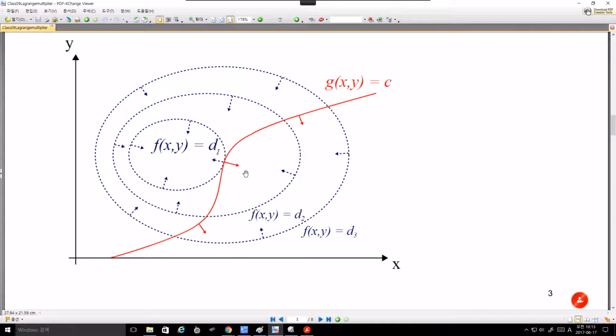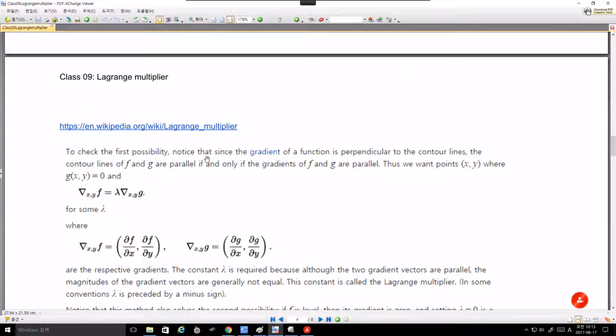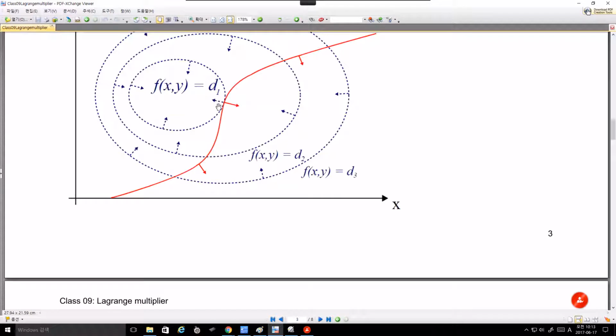So to check the first possibility, note that since the gradient of a function is perpendicular to the contour line, the gradients of f and g should be parallel. Since the curves are tangent, their gradients are along the same line. They may be opposite, but anyway, they are on the same line.